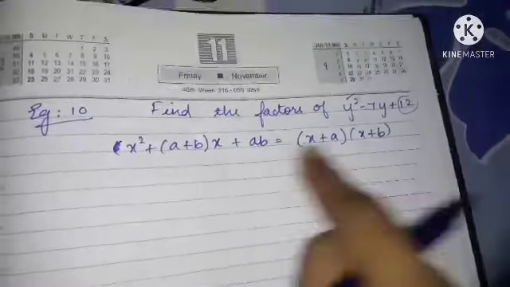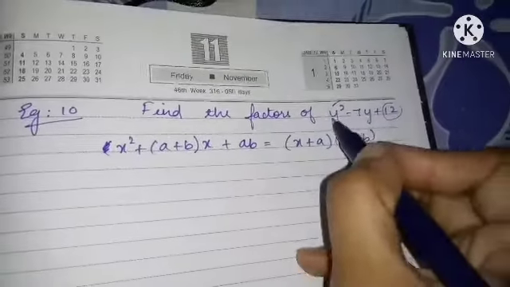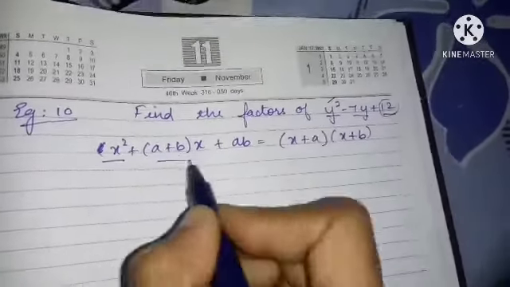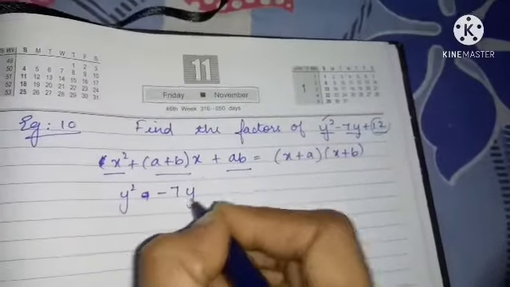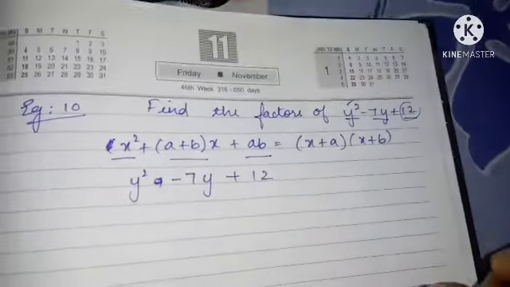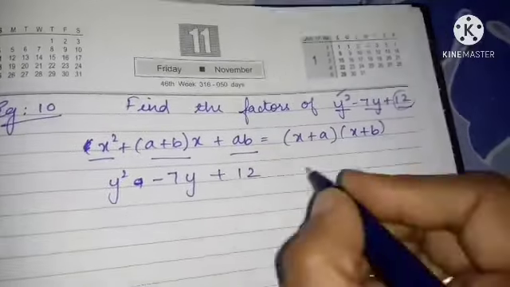This is your identity, right? So I'm going to compare these three terms with these three terms. y square minus 7y plus 12.